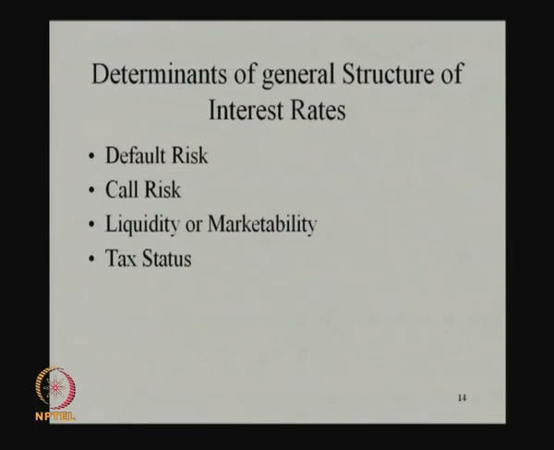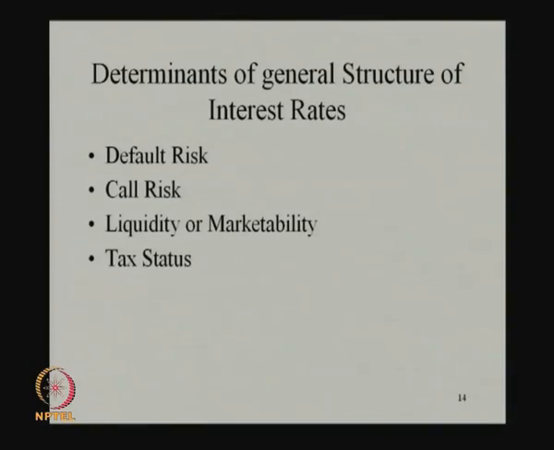Then we have the call risk. If there are callable and non callable bonds, we explained that a bond with a call feature is highly risky compared to other plain vanilla bonds. Therefore, the return will be higher in that case. Liquidity or marketability: if the liquidity of a particular asset is higher, then the return may be less; if there is a chance of less liquidity, then we have to give a premium for that.